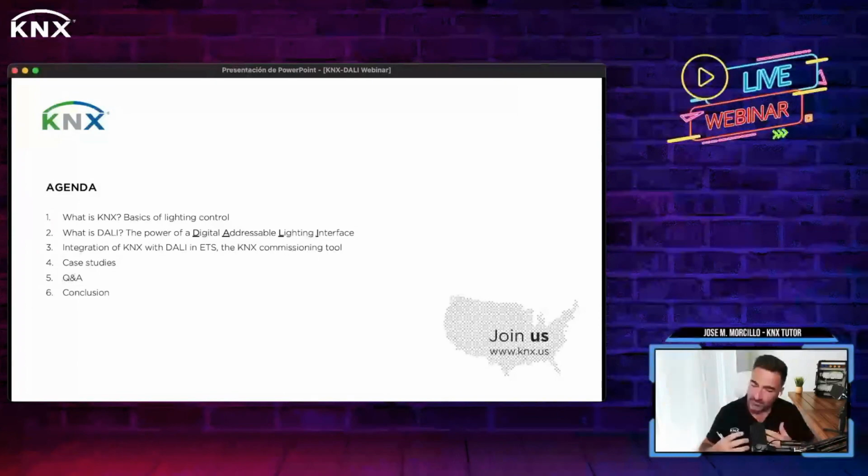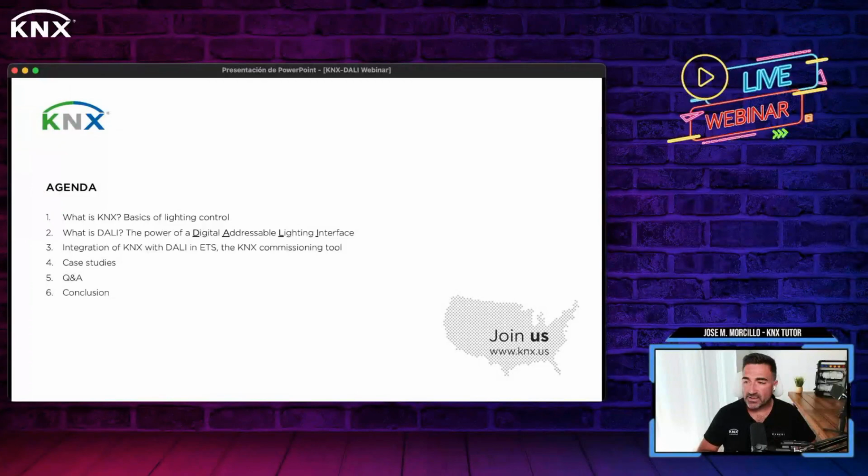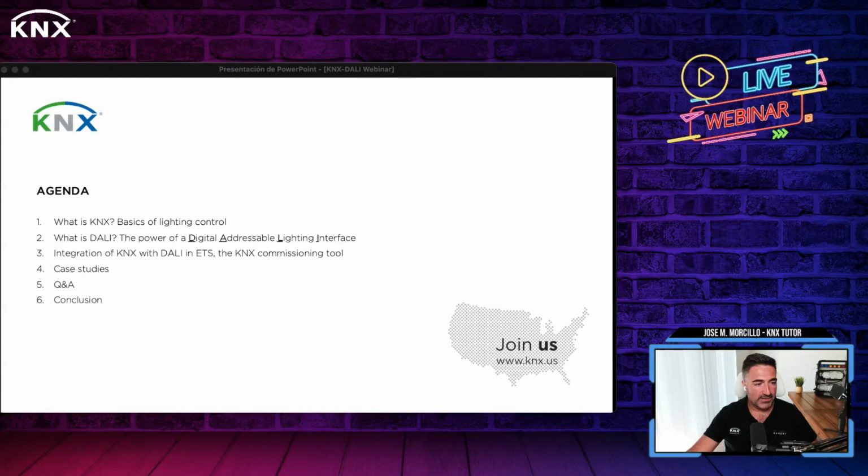I will show you some case studies and examples where you can use DALI together with KNX. We have some time for questions and answers, so anything you'd like to know about KNX, the system, or the protocol, this is the time. I will end the presentation with a conclusion. If at any time you have a question, you can ask in the chat and I will try to answer.